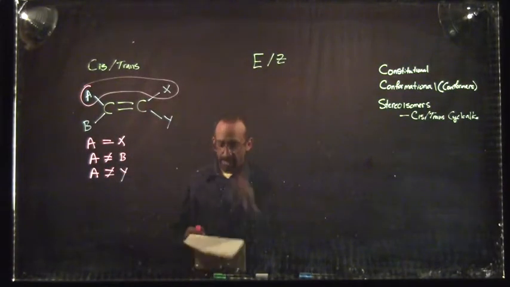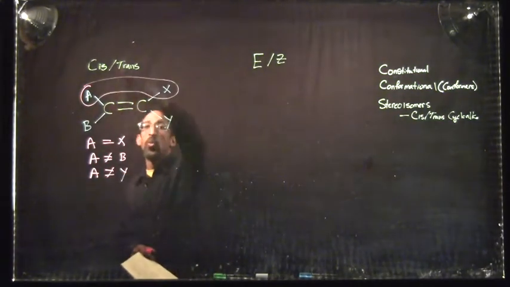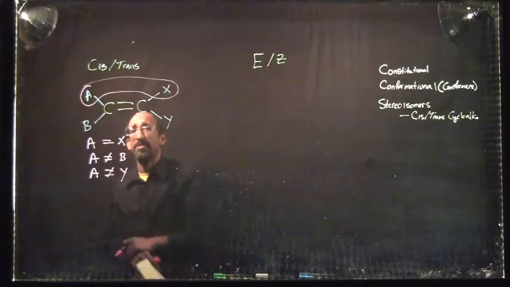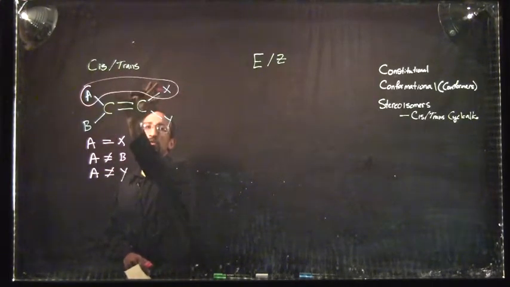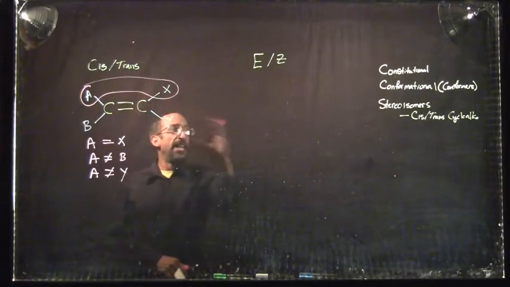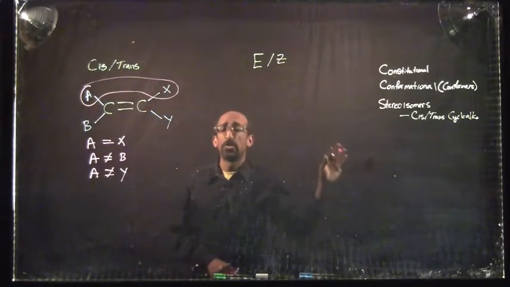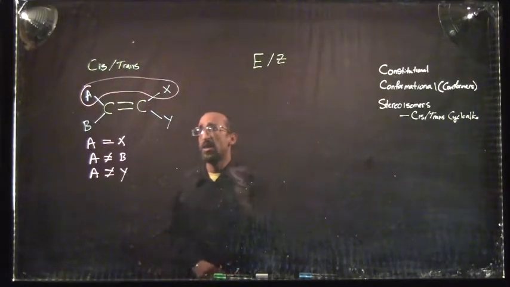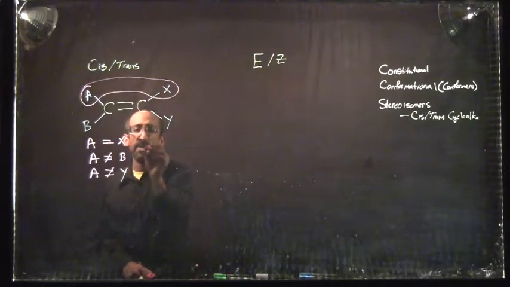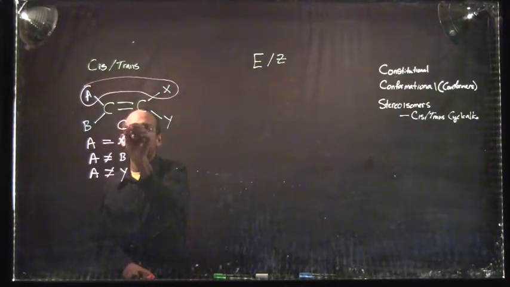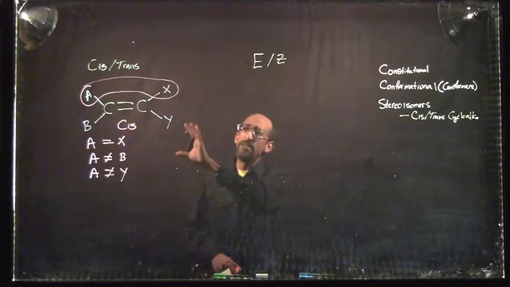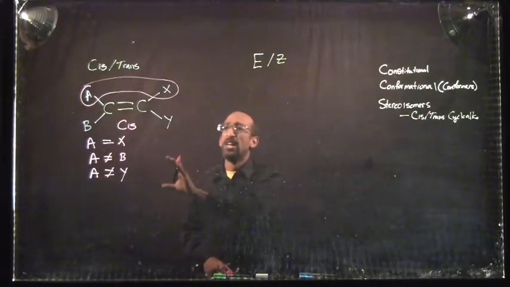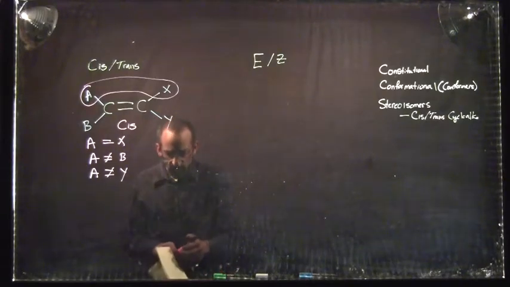So here A and X are the same on one side, top versus bottom of the alkene. In this case, these two groups are on the same side, and similar to what we saw with cis-trans isomers and cycloalkanes, we would say that this is a cis alkene. We would describe its stereochemistry as being cis.